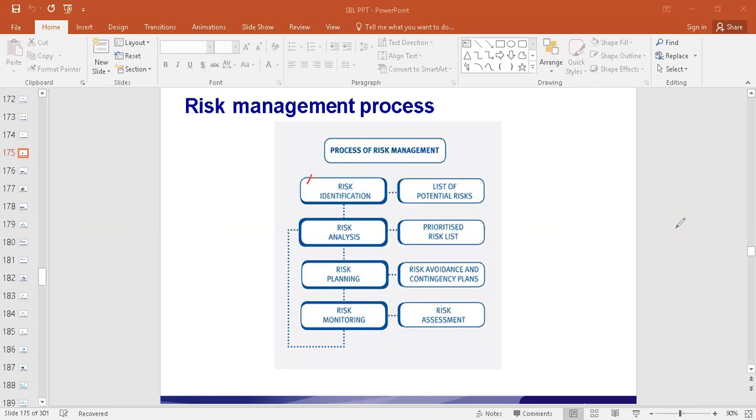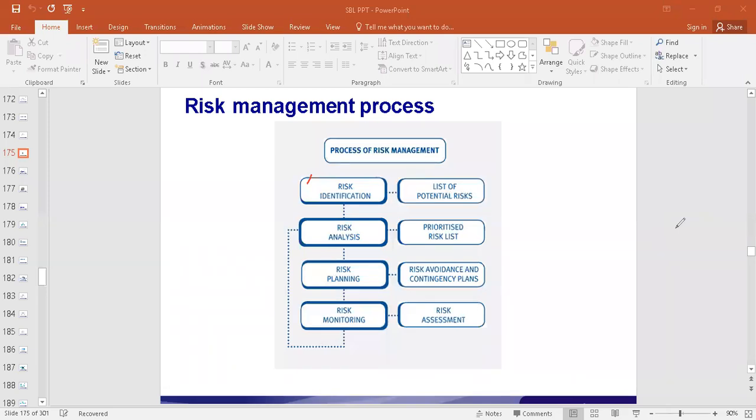After that, there are multiple risks. Now these risks have to be managed. If there was only one risk, the concentration would be on that risk, and then it would be managed. But if there are multiple risks, then they have to be prioritized. Which one has to be given importance?